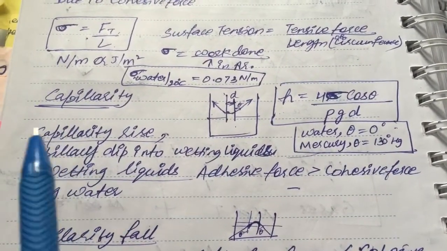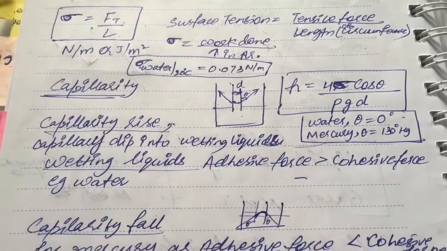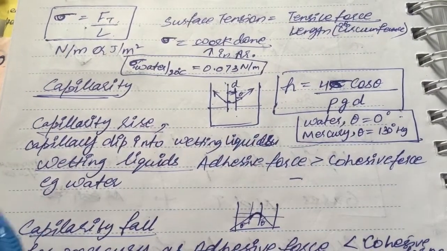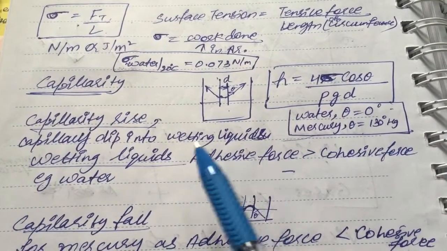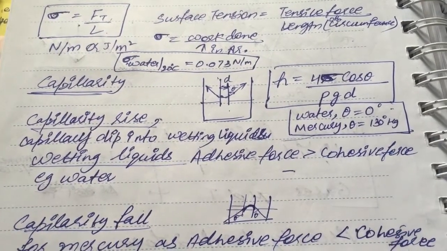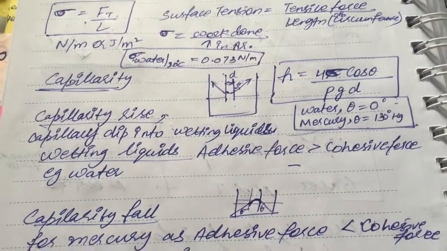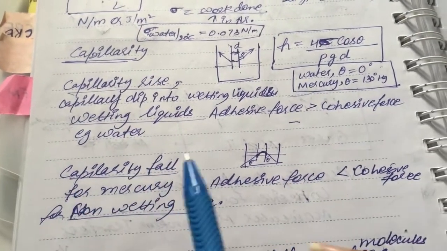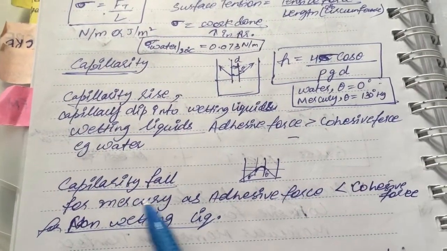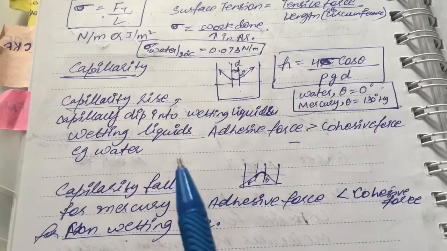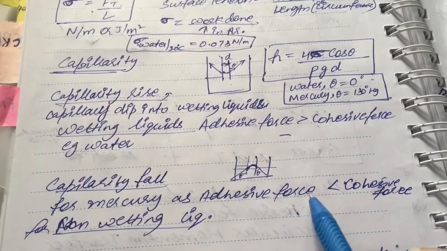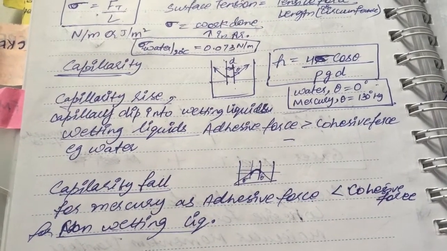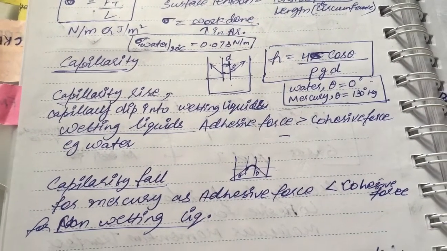So in case of capillary rise, the capillary is dipped into a wetting liquid. Wetting liquids are those in which adhesive forces are greater than cohesive forces, for example water. And capillary fall occurs in mercury. In case of mercury, adhesive force is less than cohesive force, so it is a non-wetting liquid.